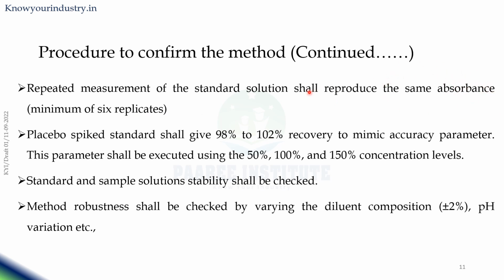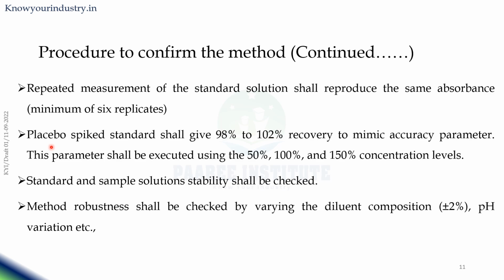Then we say that the system suitability is passing and the instrument is working fine for the particular method. Then also to confirm the method, we spike the standard in the placebo. Placebo is nothing but all the components except the drug in the given tablet or capsule matrix, whatever the formulation matrix.